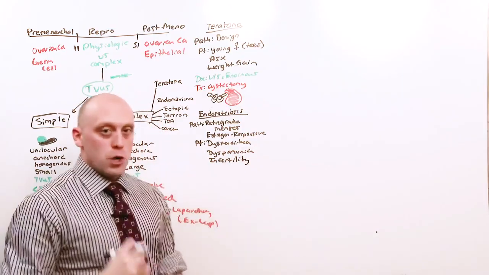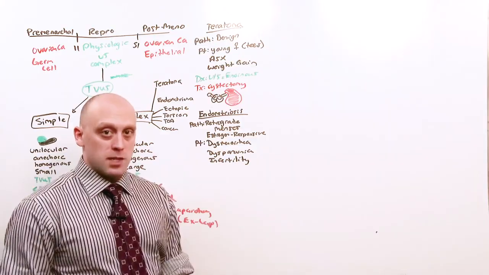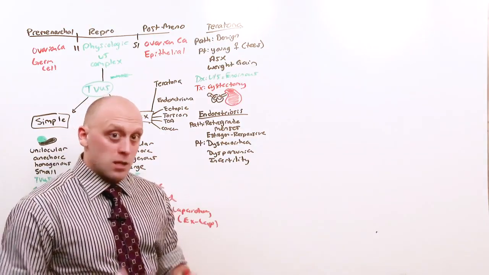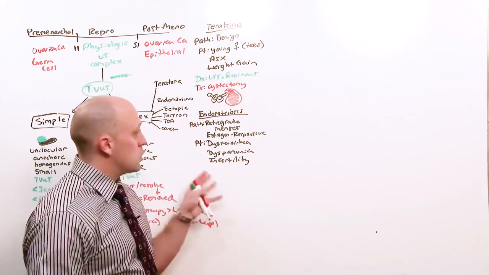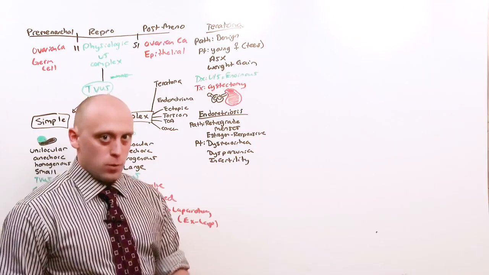Now, the endometrioma is going to be the chocolate cyst. It is going to be the complex cyst you're going to find on ultrasound. You can have endometriosis without an endometrioma.